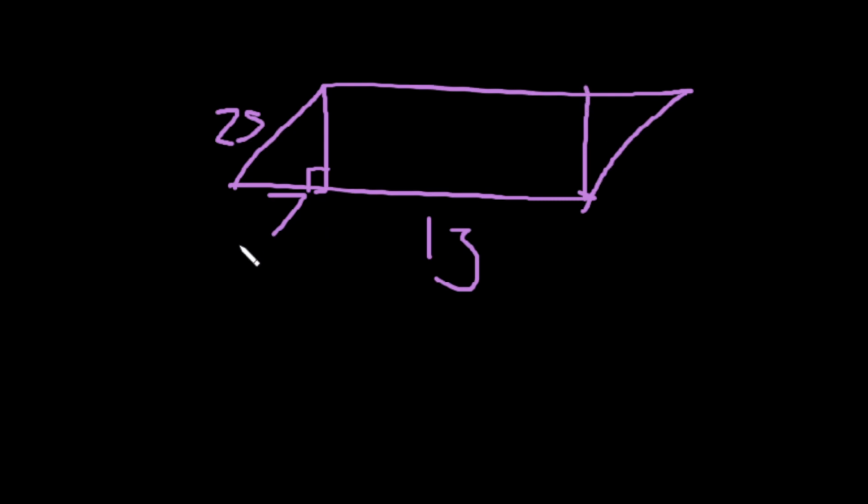This segment right here is 13. Also, this line I drew isn't in the diagram, but let's just say it is for simplicity. This part is still 7 and this part is still 25 because they are symmetrical, which leaves us with this.